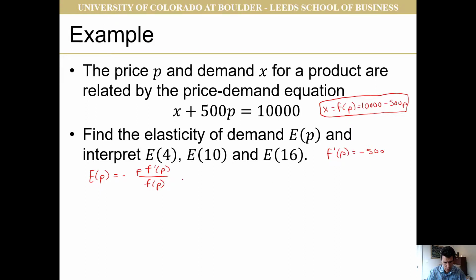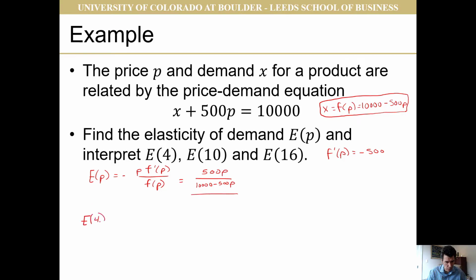So this is equal to, we've got a negative sign, we've got another negative sign, so that's 500P divided by 10,000 minus 500P. Okay, so that's our equation for the elasticity of demand.